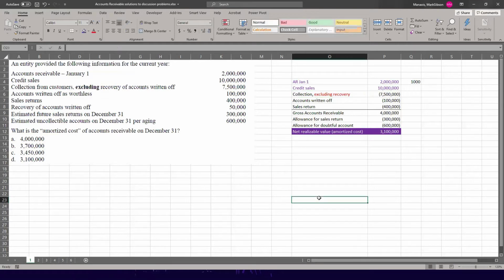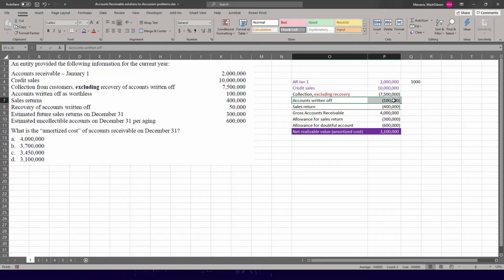Kasi remember, dun sa discussion natin kanina, when there is recovery of written off AR, the impact or the net effect to your AR would be 0. Kasi nga, you have established the AR, but at the same time, you have recorded the collection. So it should be no effect to your AR.